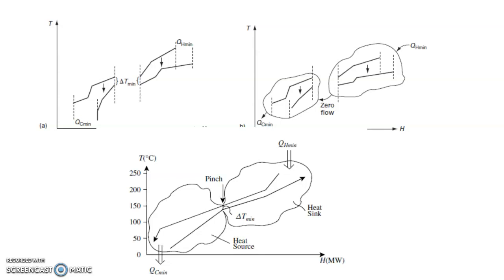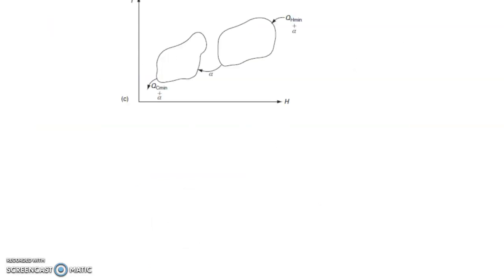However, can I transfer heat from one zone to another zone thermodynamically? Is it possible? And if it is possible, whether it is beneficial or not is what we are going to see. So it's not that the flow is not possible, but if we exchange heat between above pinch and below pinch, will it be beneficial or not is what we are going to see next. Let us try to understand that we are transferring some alpha amount of energy from above pinch to below pinch.